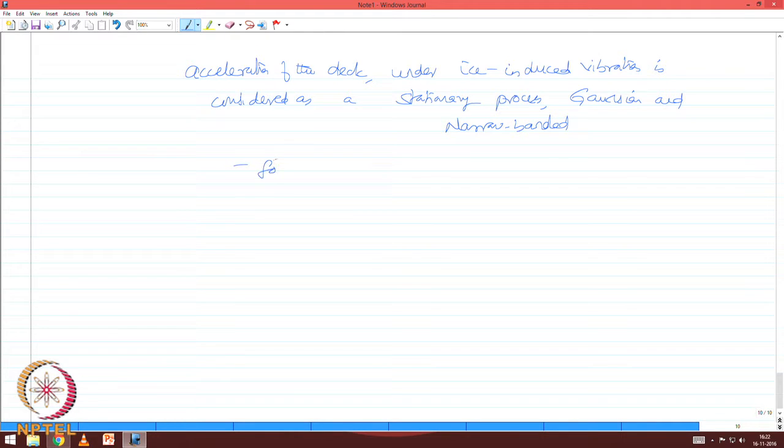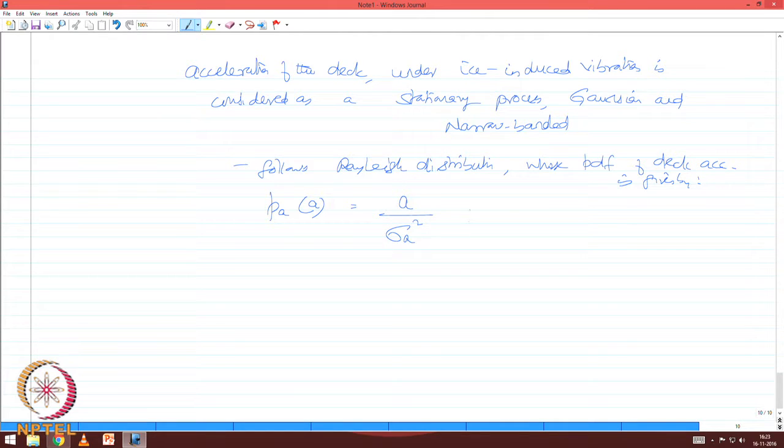It also follows, let us say, a Rayleigh distribution, whose PDF of deck acceleration is given by A by sigma A square, exponential of minus A square by 2 sigma A square.